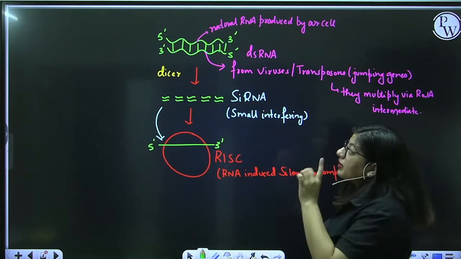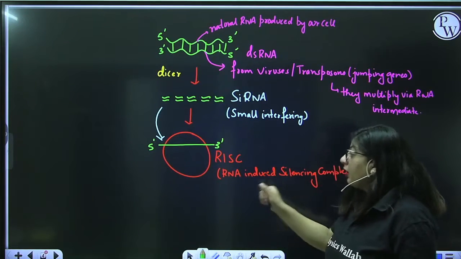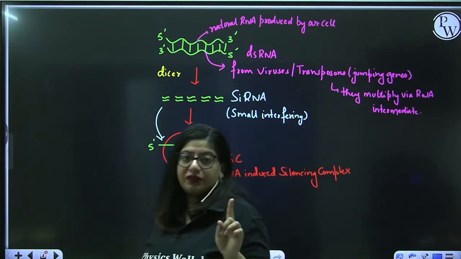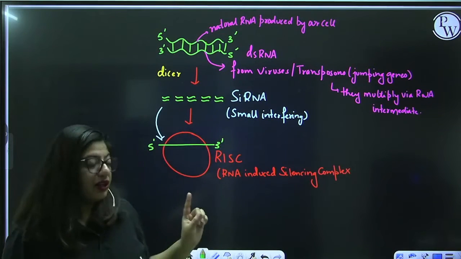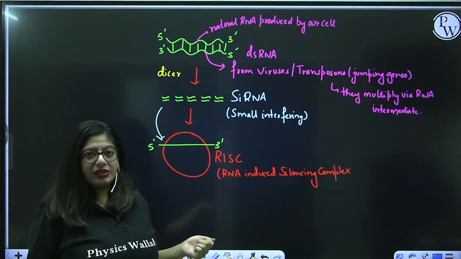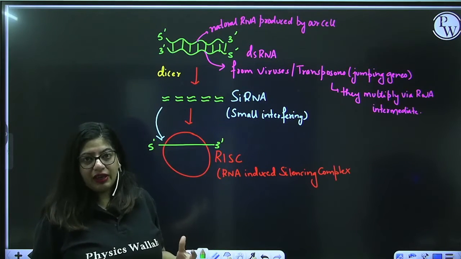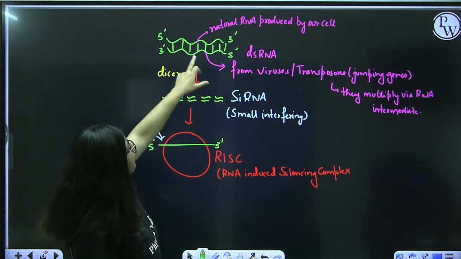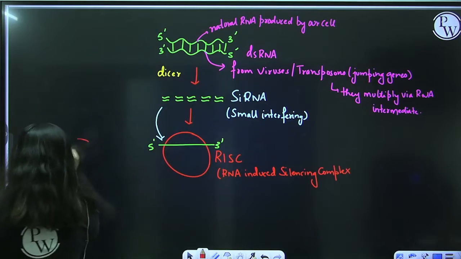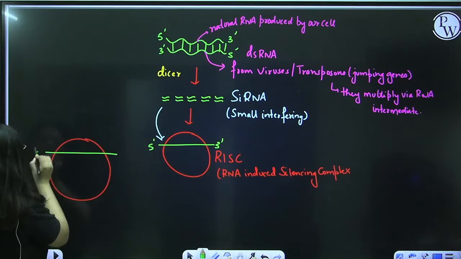So dicer is very important here. Only if the dicer is present, only then the RISC can get activated, because RISC gets activated with the small interfering RNA, not the large double-stranded RNA. So now it will keep one strand of the small interfering RNA, the other it will destroy. Now it will roam around inside your cell and identify the double-stranded RNA. Imagine one of the RISC is present here, and it has a 5' to 3' strand.